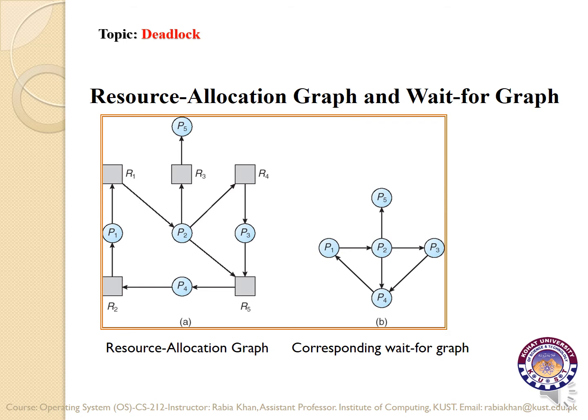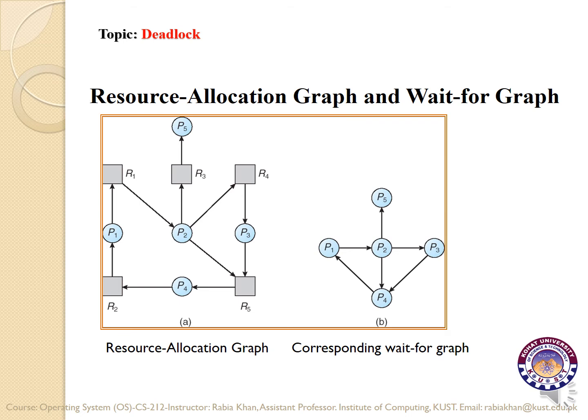This is how we convert a resource allocation graph to the corresponding wait-for graph. As you can see, we have only eliminated the resources from the resource allocation graph and connected the processes with each other.